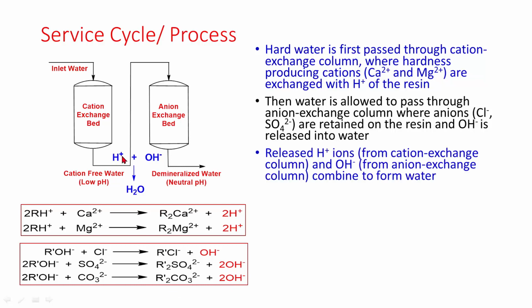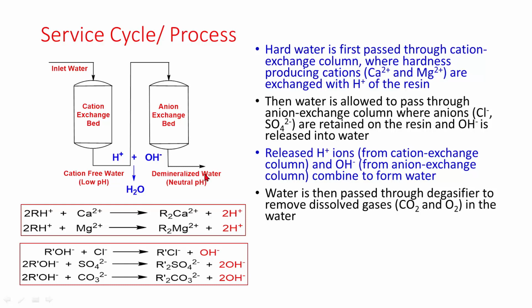The H ions from the cation exchange resin and OH ions from the anion exchange resin combine to give water molecules. This water is then passed through a degasifier to remove dissolved gases in water.